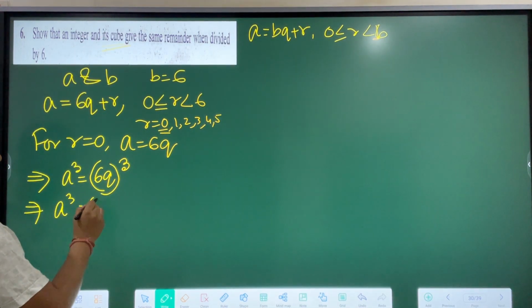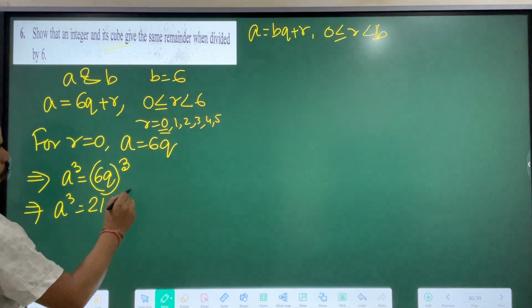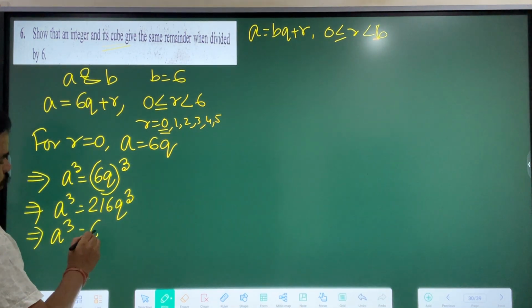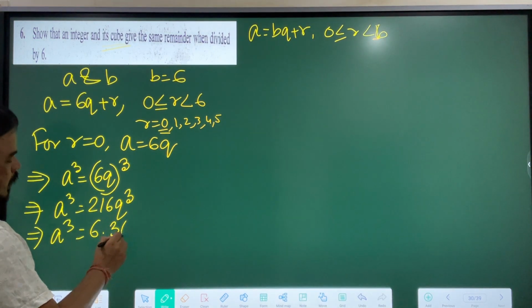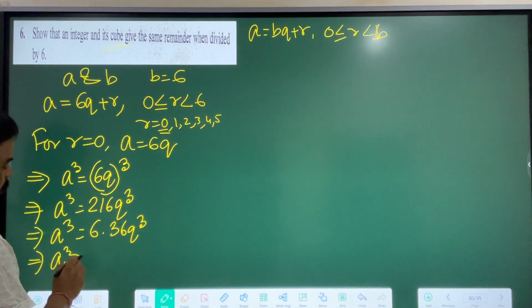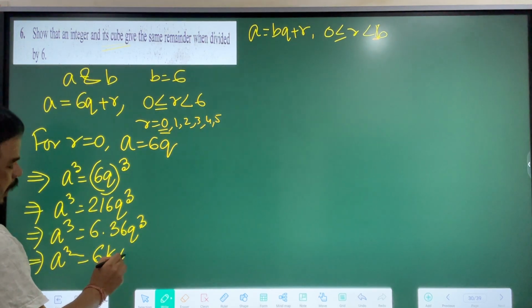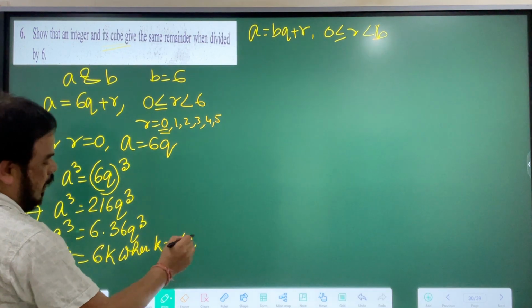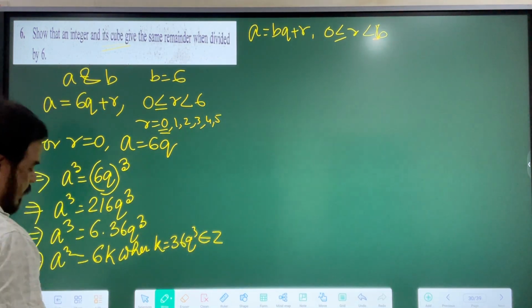A cube is equal to 216Q cube, or we can write A cube is equal to 6 into 36Q cube. Or A cube is equal to 6K, where K is equal to 36Q cube and belongs to Z.